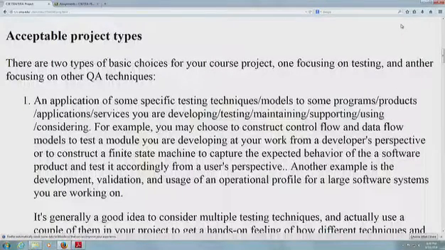Okay, and then we will be talking about many different testing techniques. For example, equivalence partition, boundary testing, control flow, data flow, finite state machine testing, and then we have several usage-based testing techniques, with the basic usage profile, operational profile, or user Markov operational profile, and things like that.